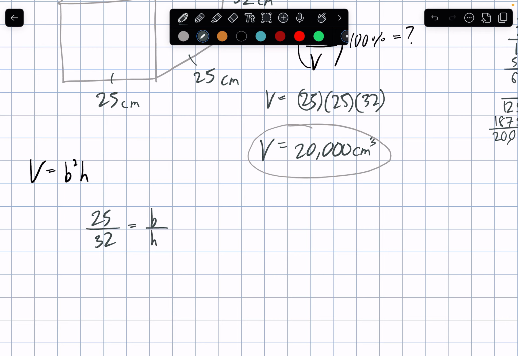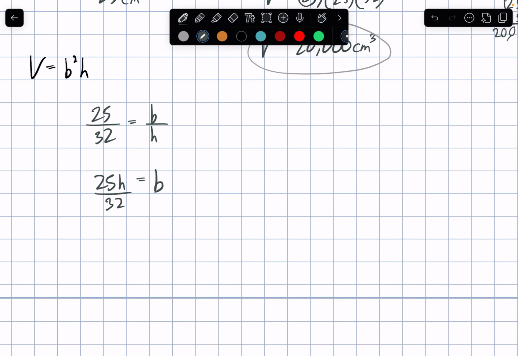So base over height, from there, manipulate: 25h over 32 is equal to b. Or 32 over 25 b is equal to h. We can choose either of these two, but what I used was this. So proceed.